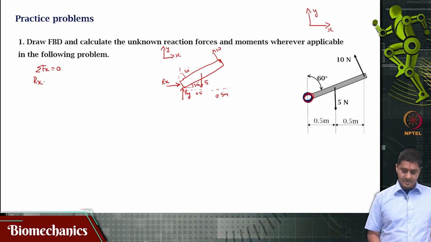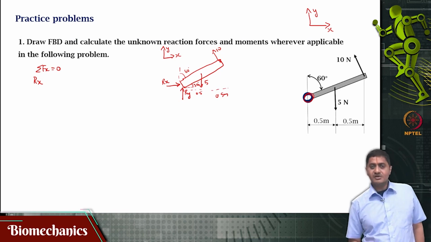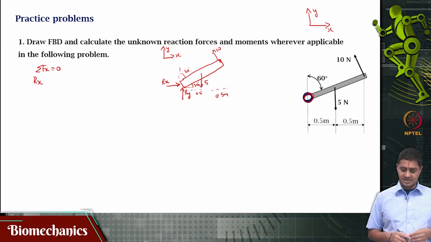Okay. Then will the 5 Newton force have a component in the x direction? The answer is no. Why? Because the 5 Newton force is in the negative y direction. So, this has no component in the x direction. Okay. Will the 10 Newton force have a component in the x direction?